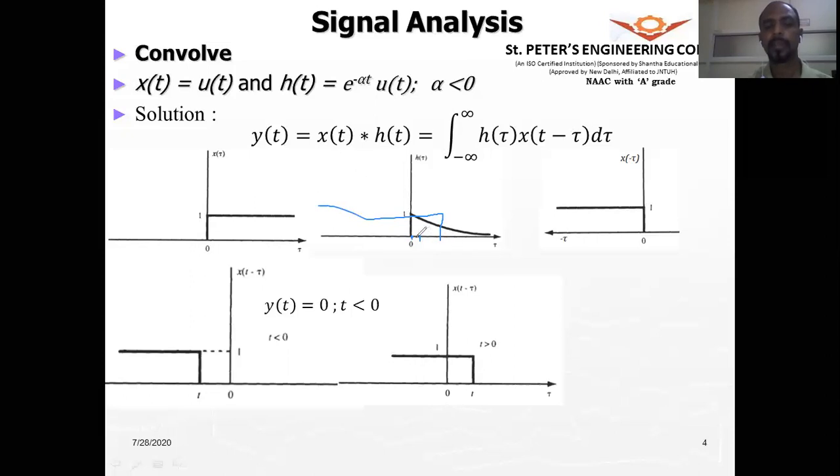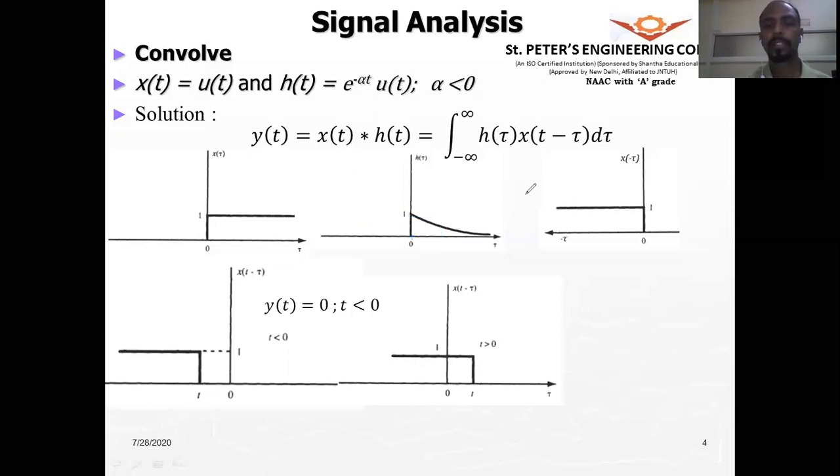If I say this is where it ends, from 0 to t, that means this will be the region of overlap. Up to what point the overlap ends depends on what value t takes. So the lower limit for the new range of overlap is 0, and the upper limit depends on t. All right.